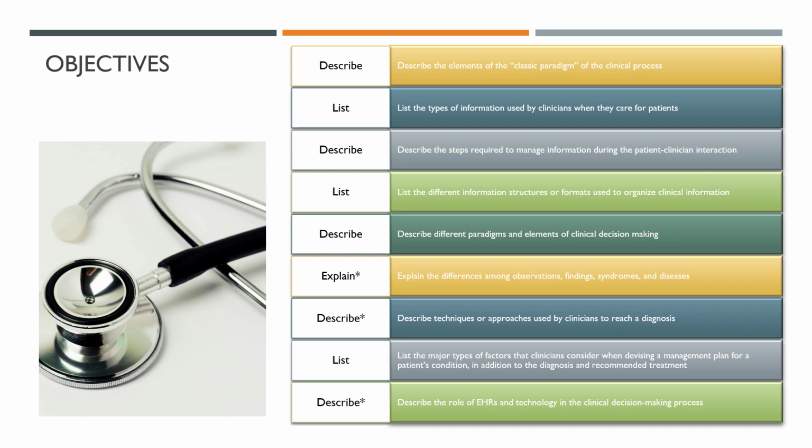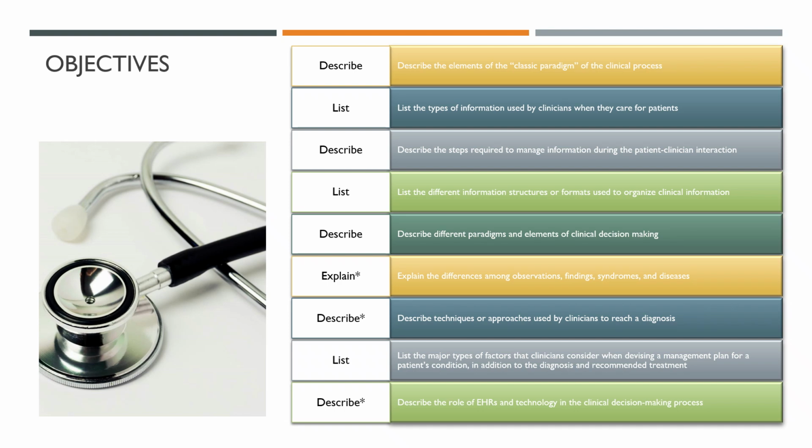The next is list the major factors that clinicians consider when devising a management plan. So, beyond the diagnosis itself, clinicians weigh many factors: the patient's age, comorbidities, risks, preferences, available resources, and quality of life considerations.